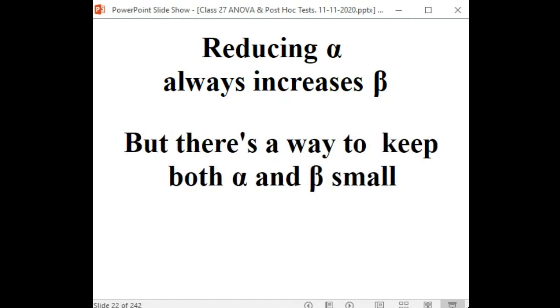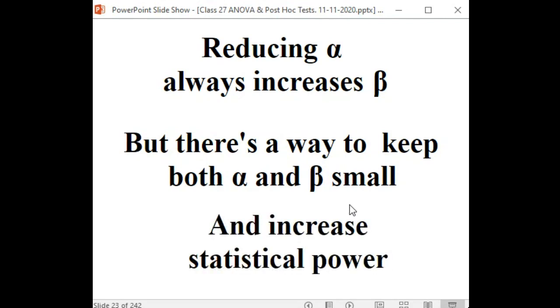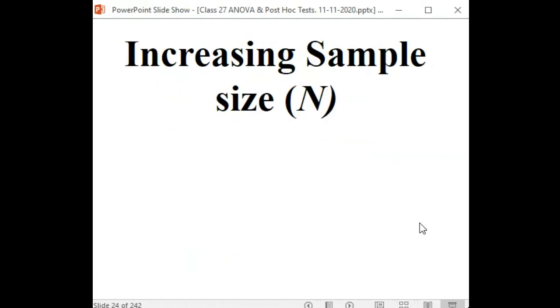Fortunately, there's a way to keep both alpha and beta small and to increase statistical power. The way to do this is by increasing our sample size, which is n, the number of individuals in our study.